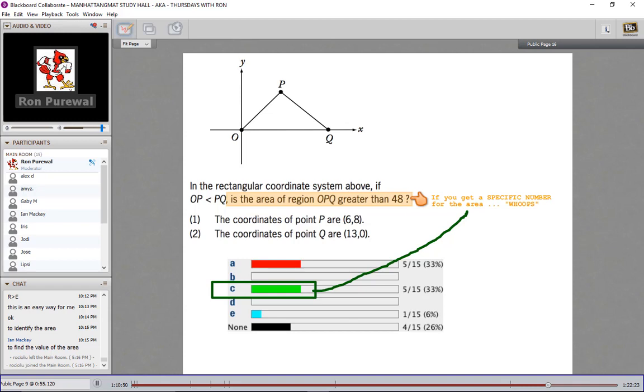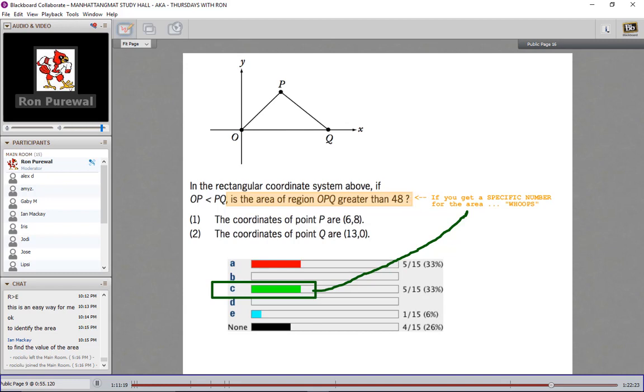No one's gonna randomly write a question like, is this more than 48, if you actually find it. So choice C pickers, if you have one specific triangle with 3 specific corners, the question would never say this. The question would be like, what's the area? Or where's the triangle?